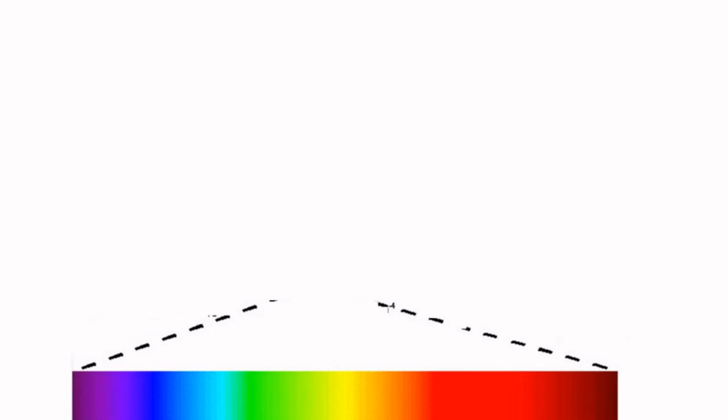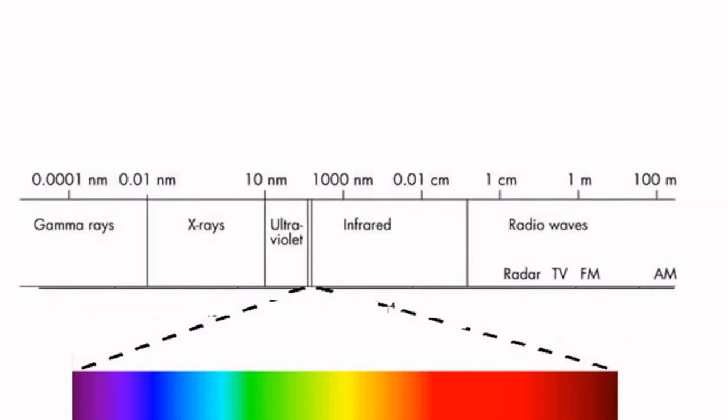Coming back to the point, when light falls on the prism, a sequence of colors is produced, as shown here: VIBGYOR, that is violet, indigo, blue, green, yellow, orange, and red. This is known as the visible spectrum. On the higher wavelength side, to the right hand side, wavelength increases.